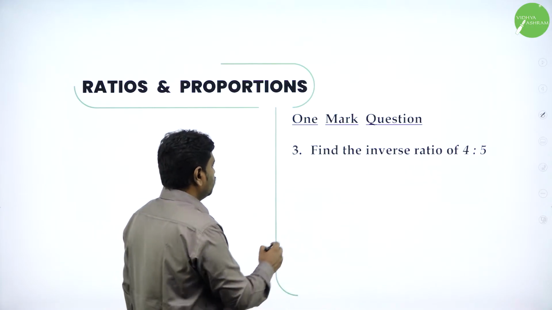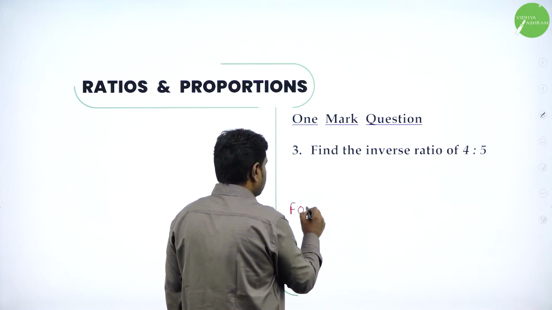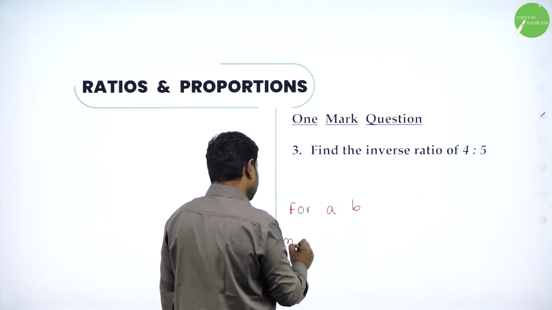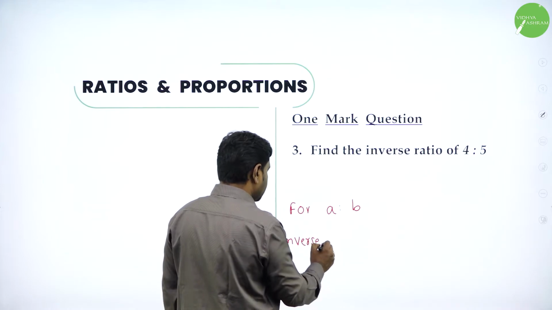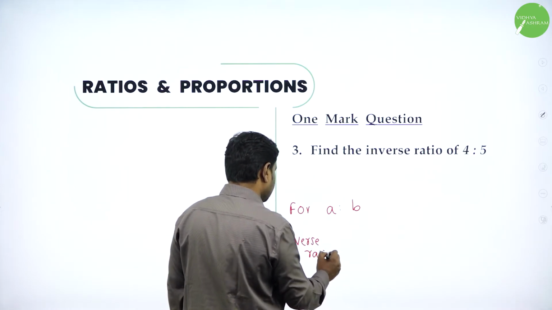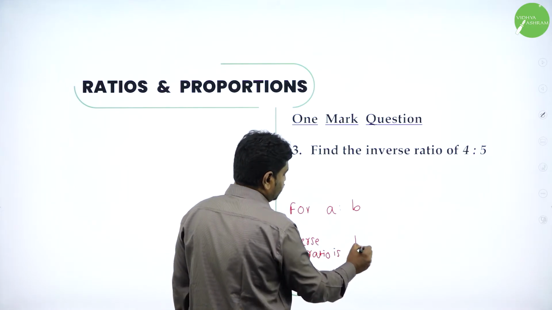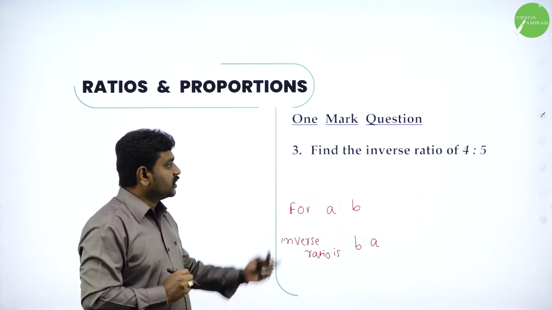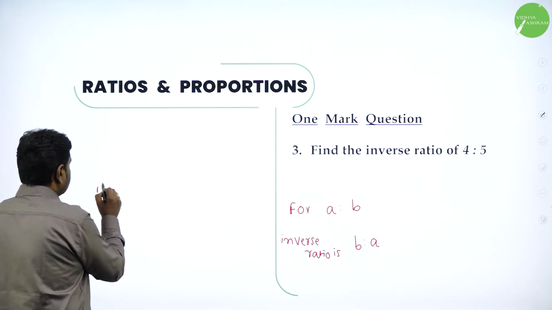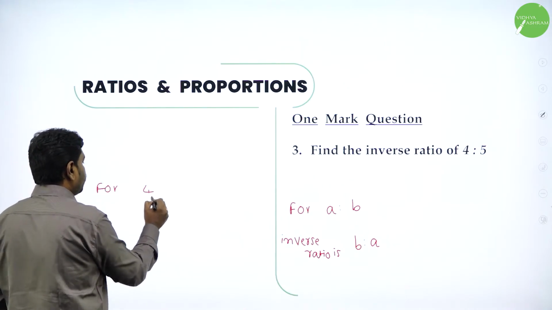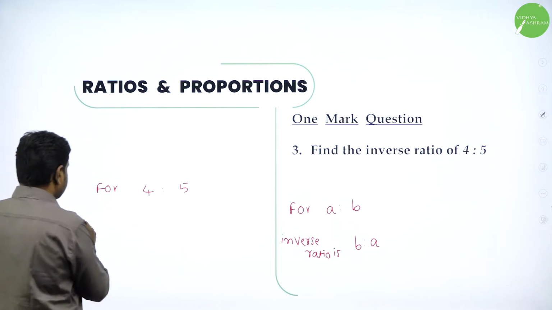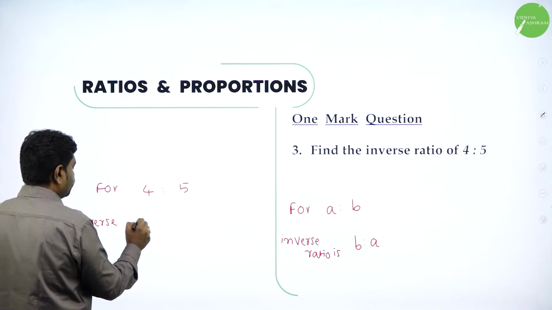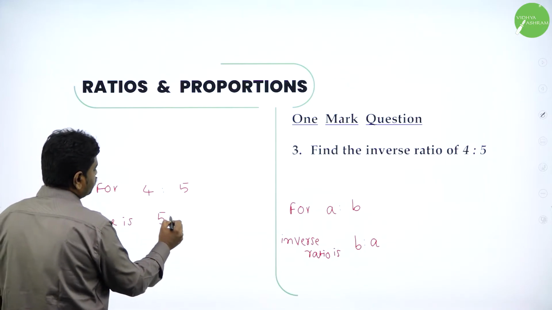Find the inverse ratio of 4:5. So all of you know, for A:B, inverse ratio is the reverse of it, B:A. For 4:5, inverse ratio is reverse of it, 5:4.